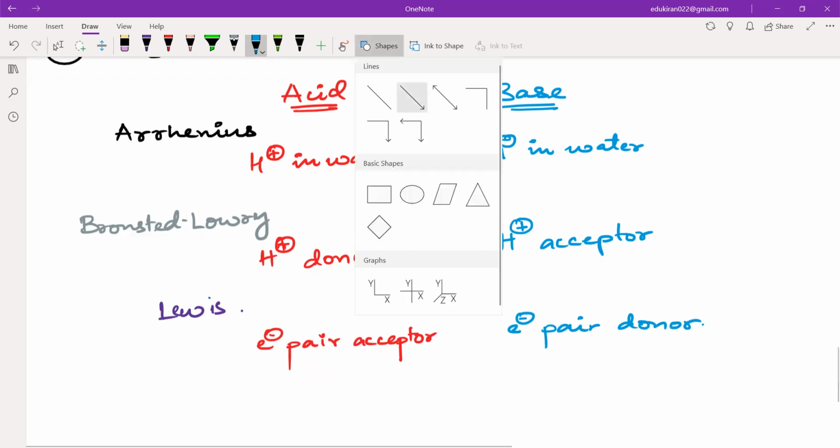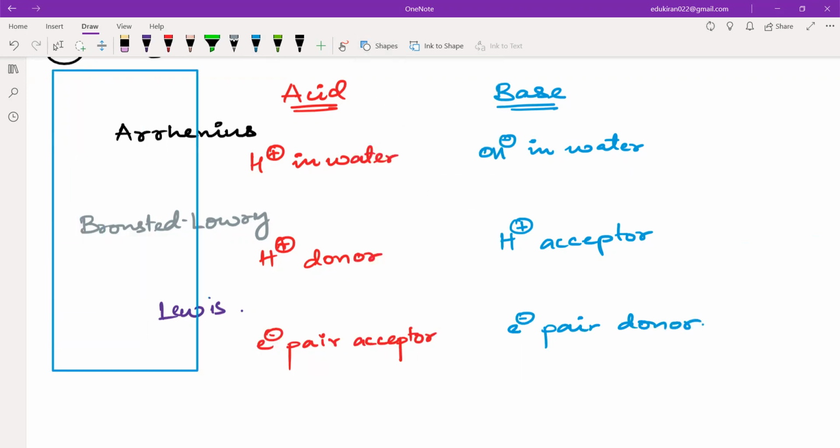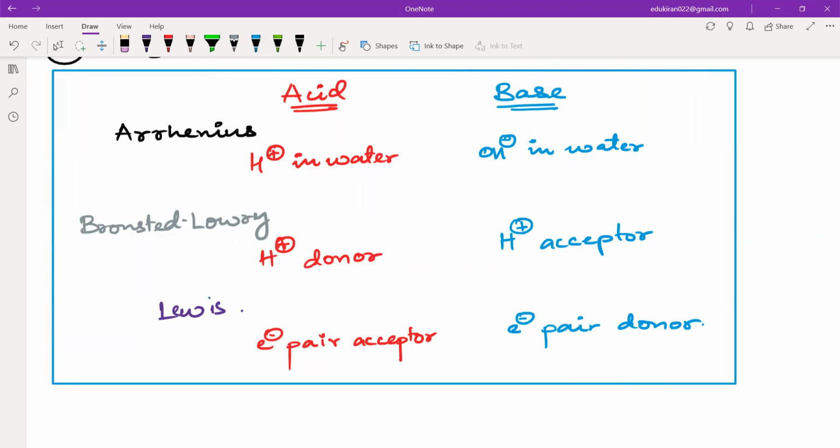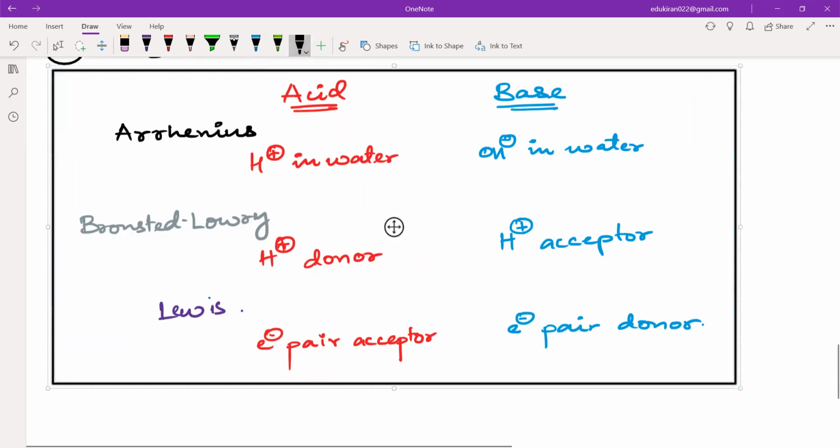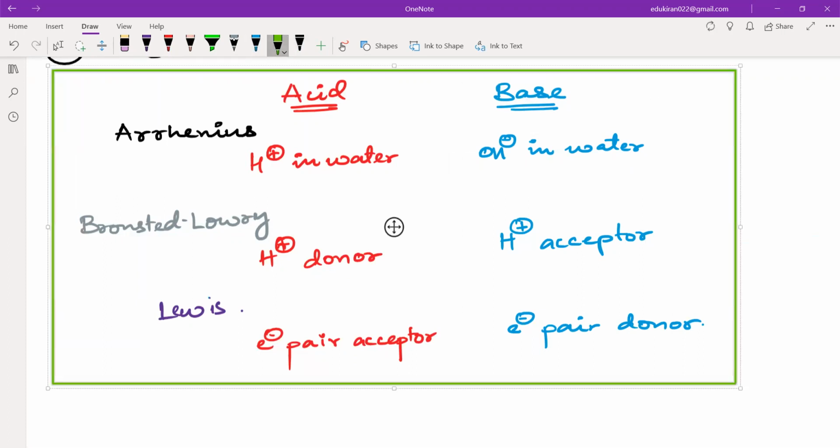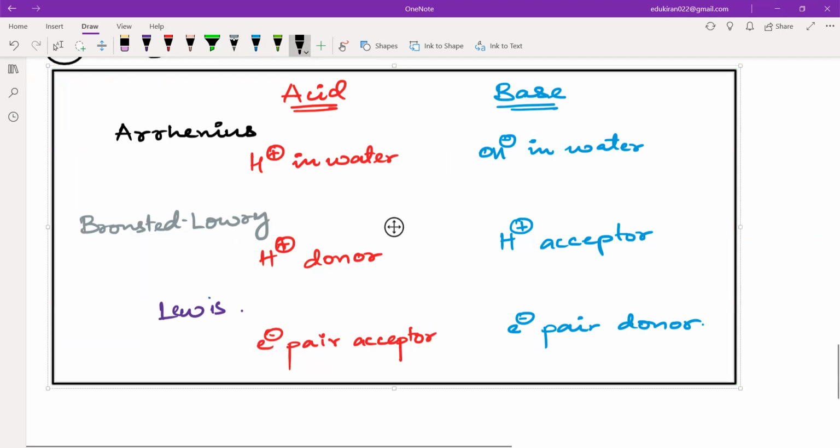So this is a simple thing that you can always remember. You can write this down.